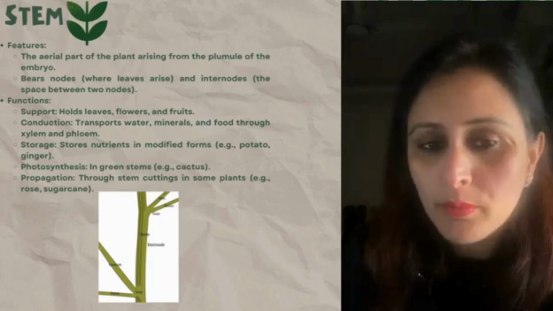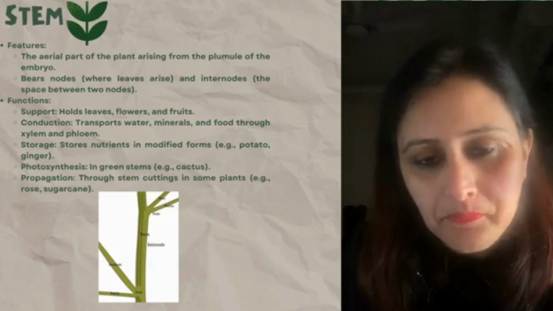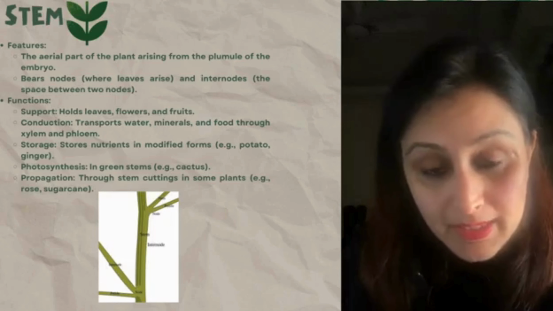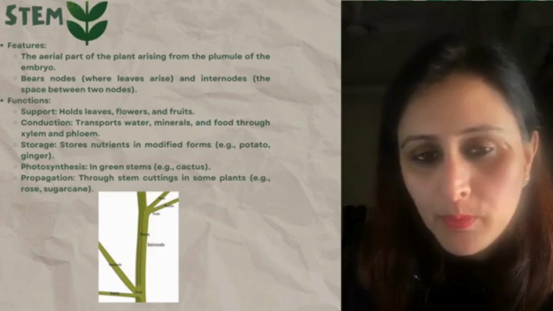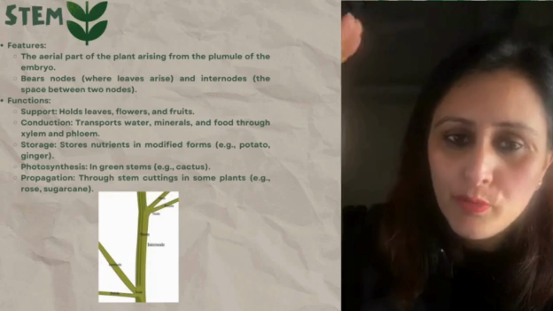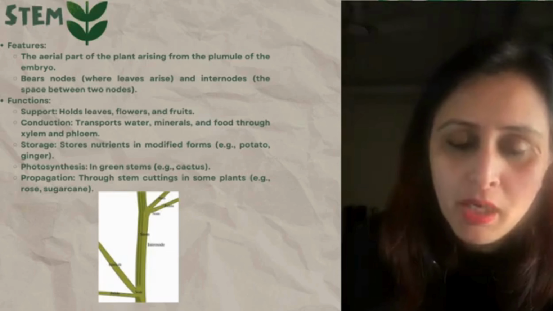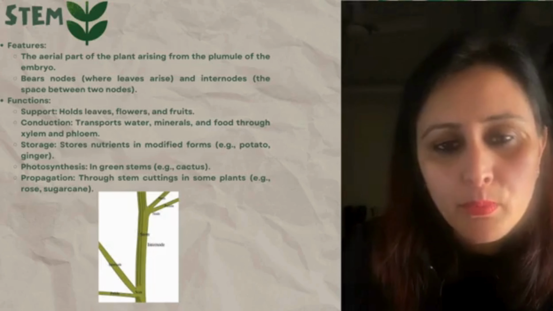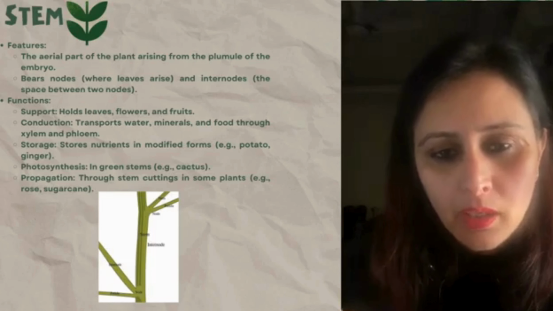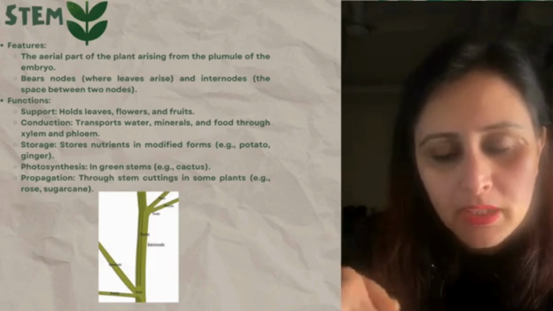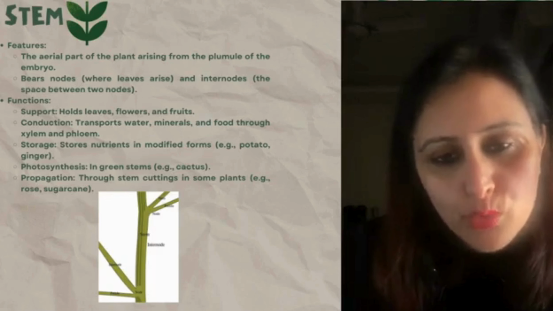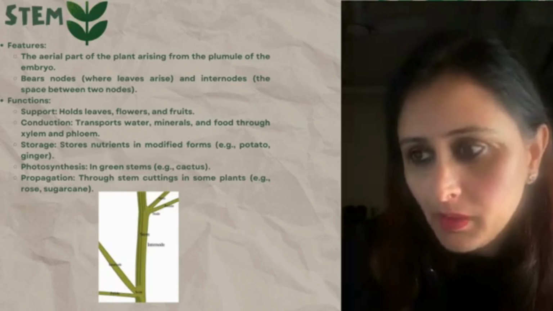Conducting tissues है, which are present in the stem, right? Phloem provides the food, that means it goes from the leaves to the rest of the part, whereas xylem, it provides the conduction of water and minerals, which means that it travels from the root to the rest of the part, right?